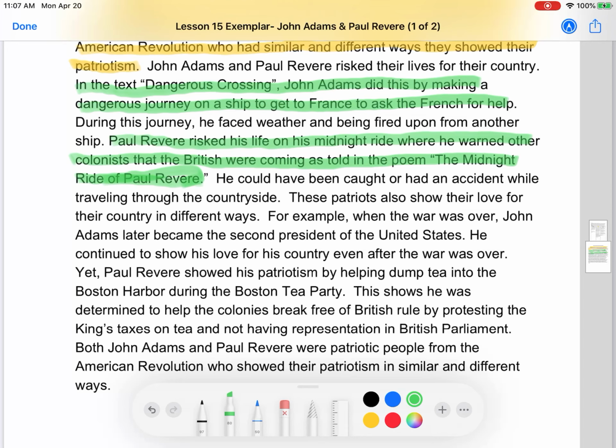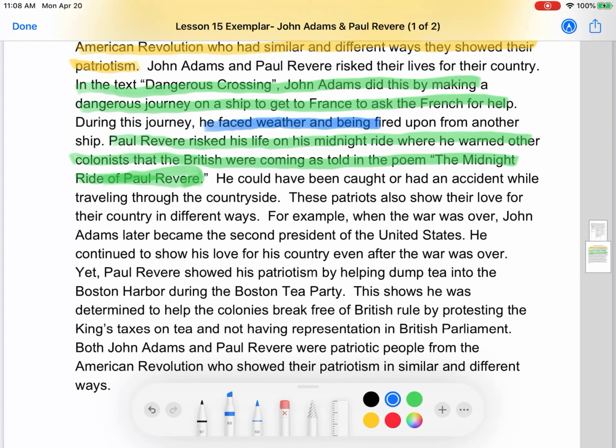So, we have a strong topic sentence, we have text evidence with proper citation, so telling where you got the information. Then, the other area that you're going to need is elaboration, so explaining how each of those details showed that they risked their lives. As you can see here, I talk about how John Adams risked his life because of the weather.